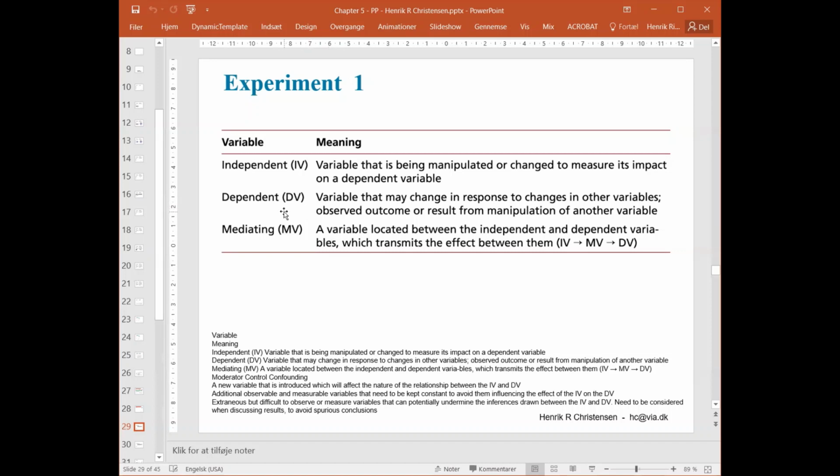It could again be satisfaction in our company and satisfaction amongst employees. So that could be what we call the dependent variable. That means it's the variable that will change if we experiment with something that might affect the satisfaction.